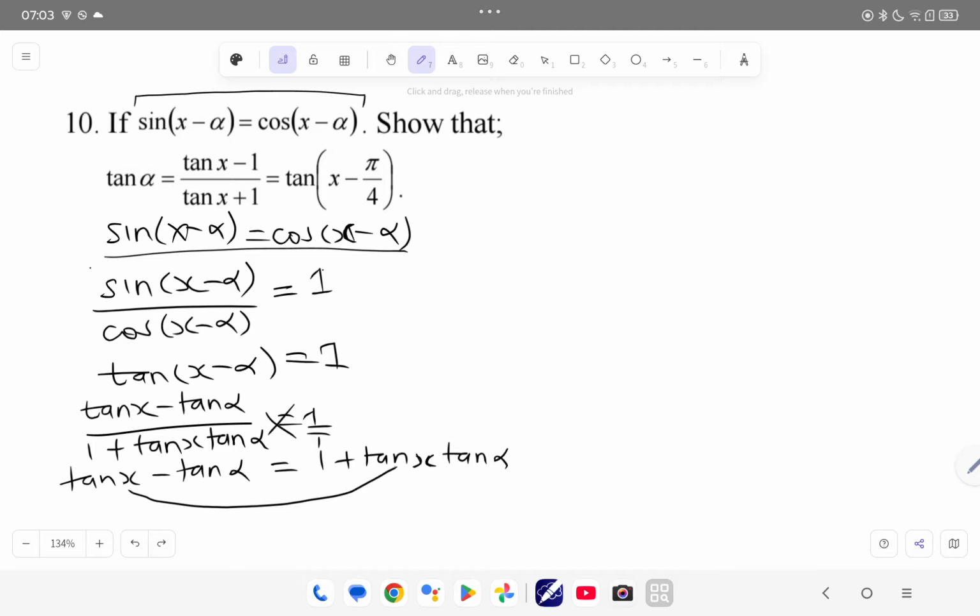Terms which have tan x, I will have tan x into 1 minus tan alpha, sorry. I think our aim is to get tan alpha, not tan x.